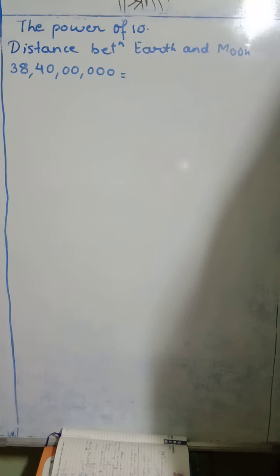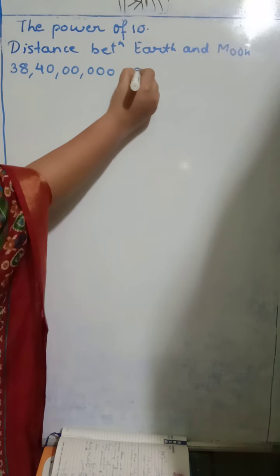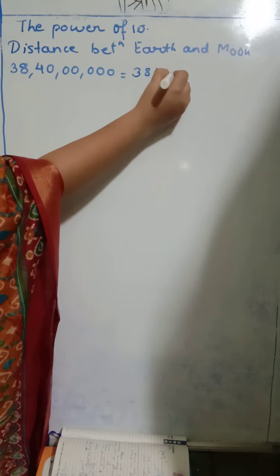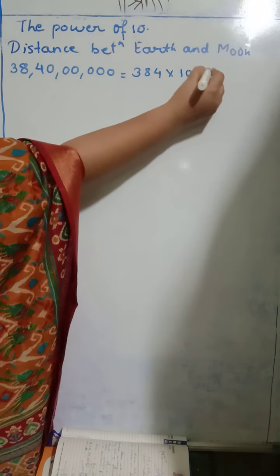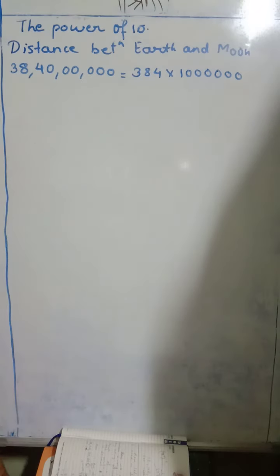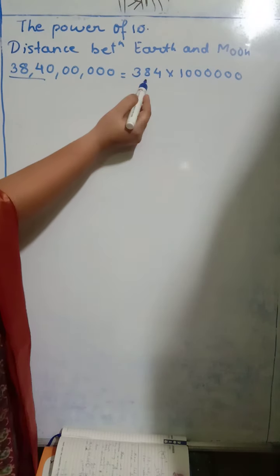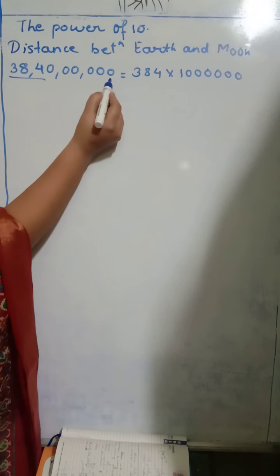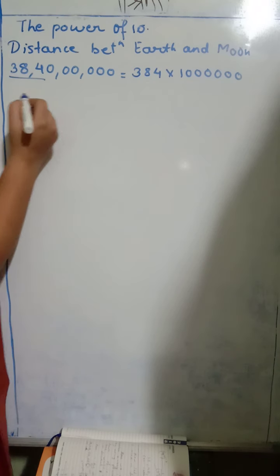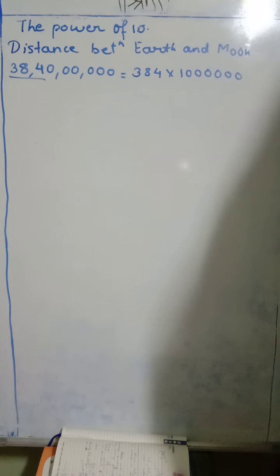So can I write this number as 384 into, what did I do? Did I split it? I wrote 384 on one side. How many zeros are there? 6. Means it is 10 lakh.